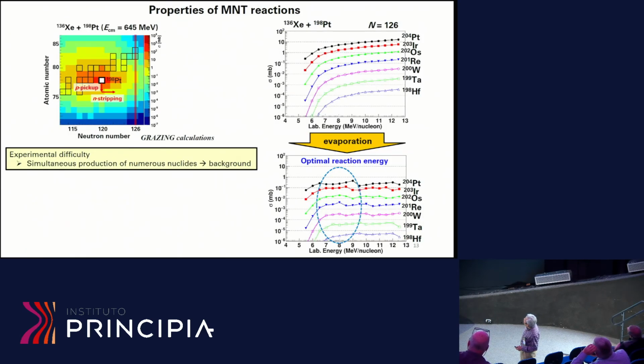I am thinking whether I could do some kind of calculation better than the grazing calculation. But for that, I need to know which kind of data you have to compare with. If you tell me you have the transfer cross section between these energy states, then I can put something there to account for that.